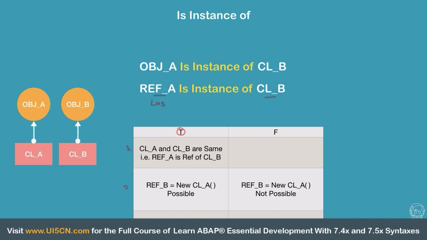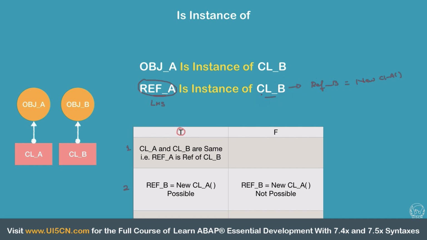The second case is if you can assign the reference of B. So if this is a reference of CL_A, then I can create an object of CL_A and assign it to the reference of B.